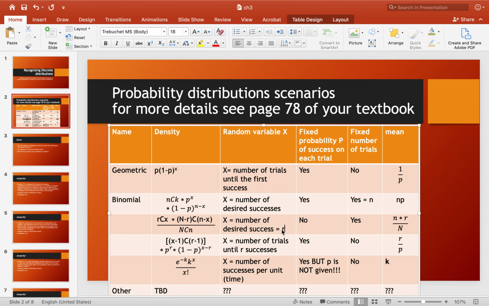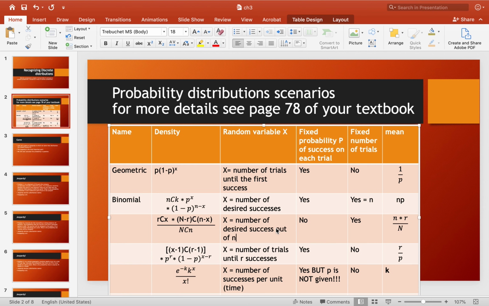It's not clear how many trials there are. Oh, I see. So this one is the number of desired successes, and that's out of n.